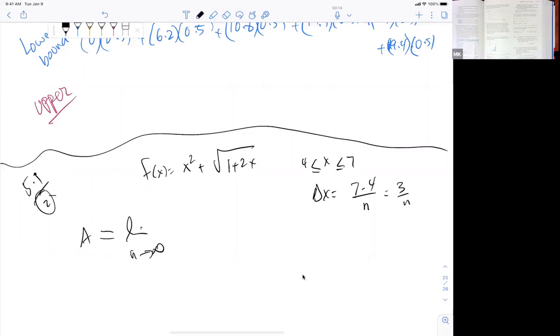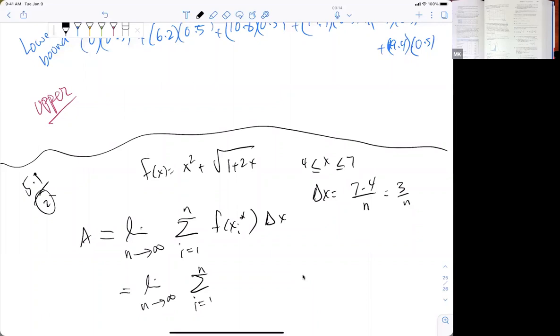Limit as n goes to infinity of the sum i equal to 1 to n of f of xi star delta x. It doesn't say use right endpoint or left endpoint, so you're really not expected to write what the xi's represent. You're just supposed to write what the Riemann sum would look like for this.